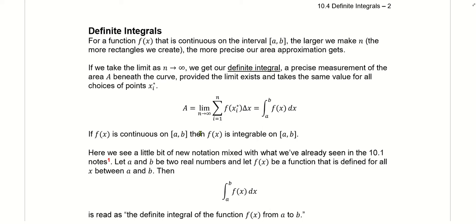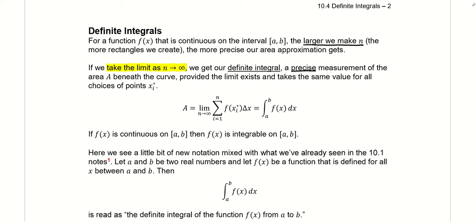In the process of the Riemann sum approximation, the larger we make n, meaning the more rectangles we create, the more precise our approximation gets in terms of the actual specific area of the function. And specifically, if we take the limit as n goes to infinity of our Riemann sum, that is the definition of the definite integral. And the definite integral gives us the precise or exact measurement of the area beneath the curve.